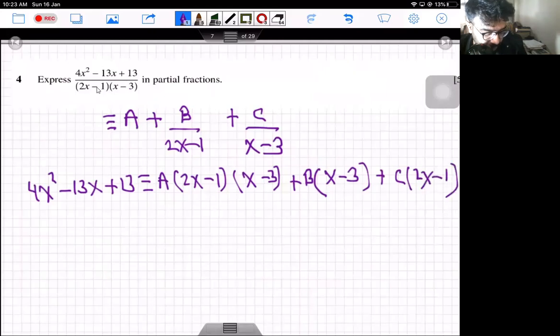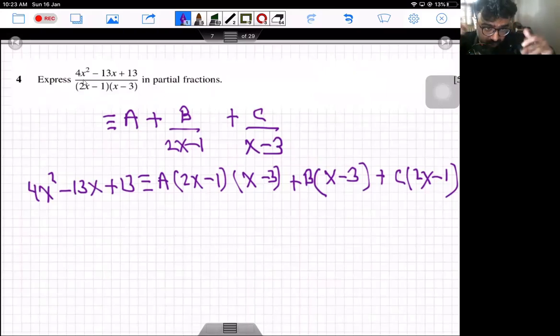Okay, so as far as the cases of improper fractions are concerned, this constant term a can be found within one step. That is the coefficient of the highest term in the numerator divided by the coefficient of the highest term in the denominator.